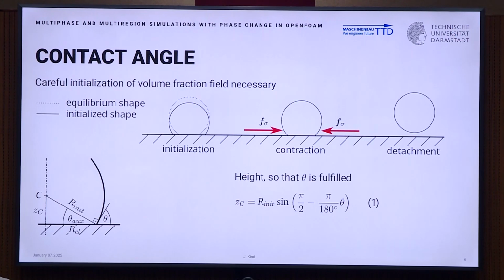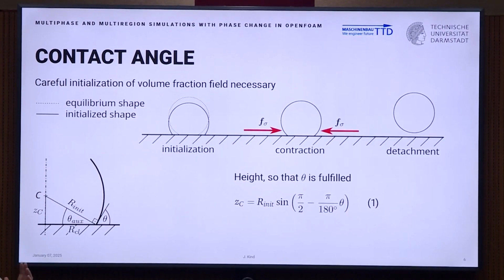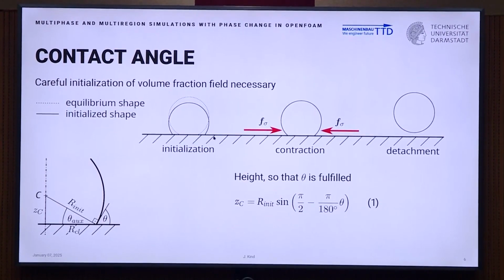In my case, that is quite tricky because if you just set a circle somewhere at the wall, and you happen to initialize a bubble with a greater contact angle than the prescribed contact angle, this force from the contact angle modeling pushes the contact line inwards, and in microgravity, this often leads to detachment, a pinching process similar to a phenomenon that is happening elsewhere.